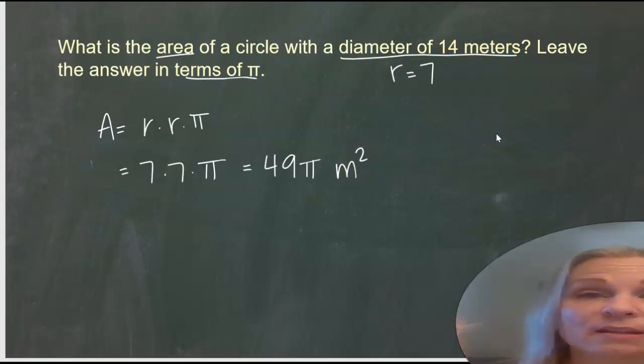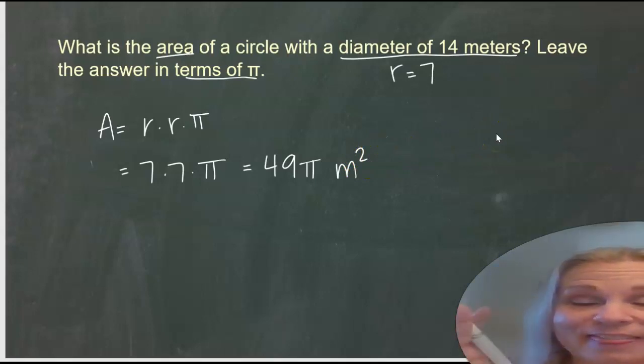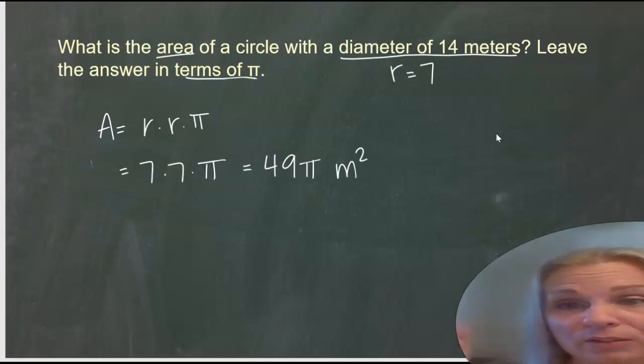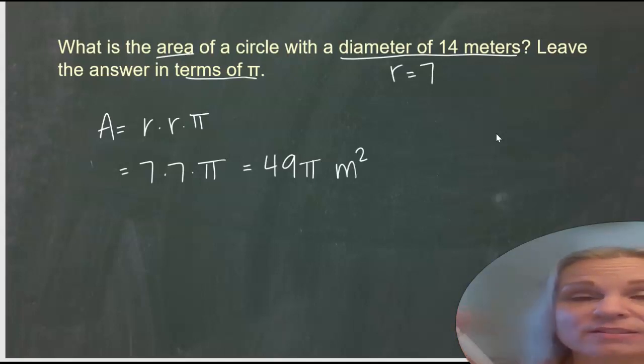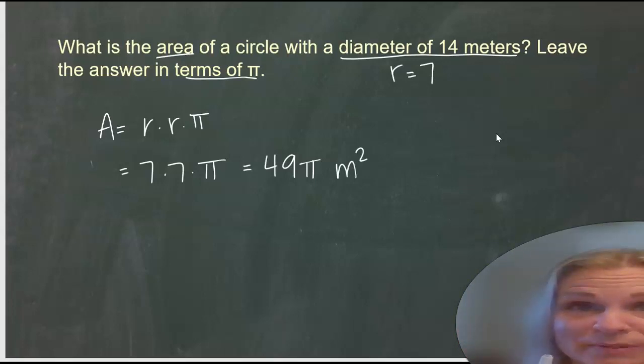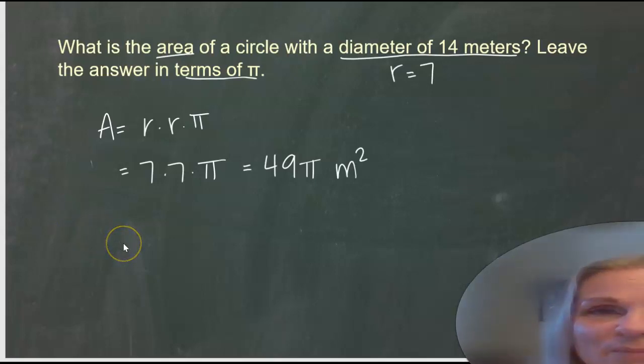That means a square that has a measurement of 1 meter by 1 meter, right? Those are the dimensions. All sides are 1 meter long, but it's a square. So that's pretty big, actually. 49 times a little more than 3. And we're talking square meters here. That's pretty big.